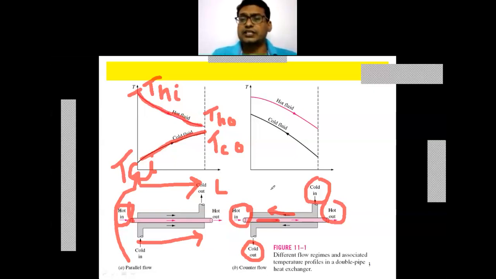Similarly, in a counter current flow heat exchanger, both the fluids move in opposite directions. However, THI will obviously be the highest temperature, and TCI obviously the lowest temperature. So the hot fluid will lose its heat and attain a certain lower temperature, while the cold fluid will increase its temperature and attain a certain higher value than TCI.